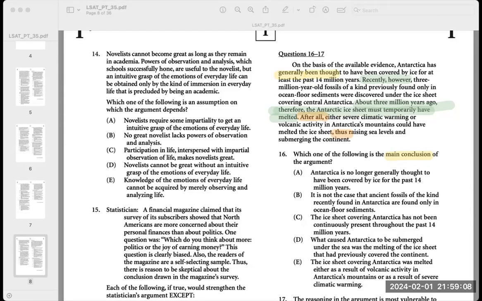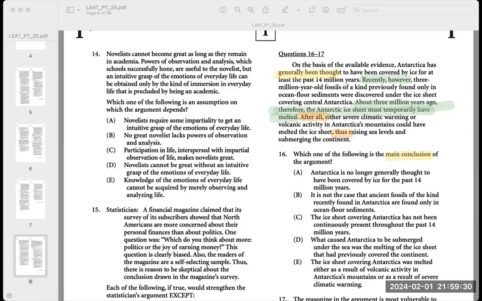After all, one of these two things could have melted the ice sheet and thus raised sea levels and submerged the continent. And that would provide an explanation as to why we found these fossils that usually we would just find on the ocean floor, but we actually found them in Antarctica.